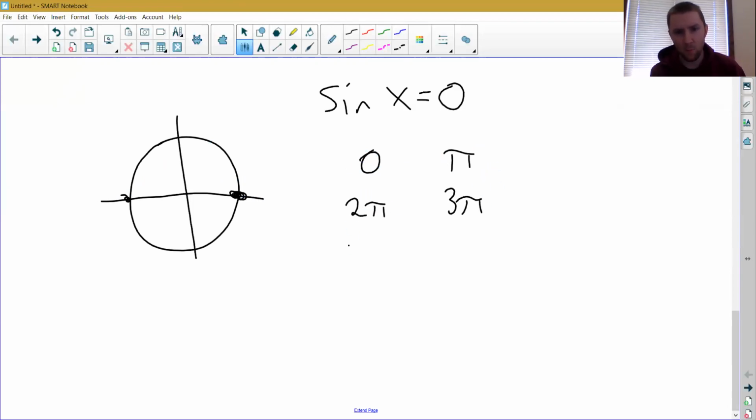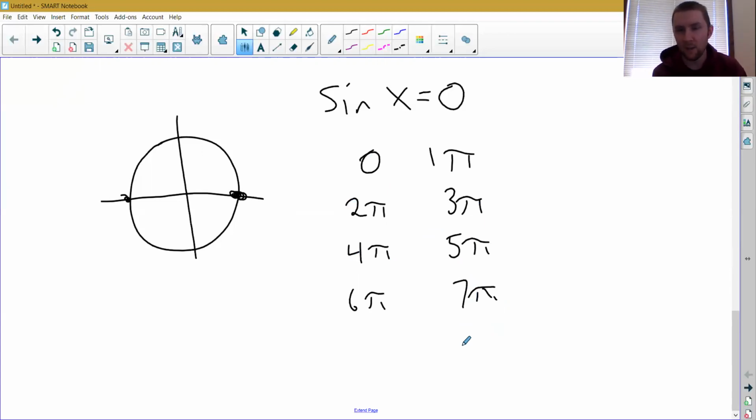And then if I add 2 more pi here, the next one will be 4 pi, and then this would be 5 pi. And then the next one here would be 6 pi, and the next one over here would be 7 pi. And I want you to notice that if I just combine these together, I'm hitting every single multiple of pi, right? 0, 1, 2, 3, 4, 5, 6, 7, 8, 9, 10, 11, and on forever, right?